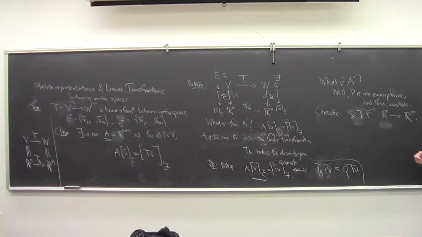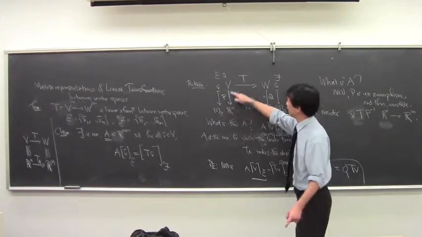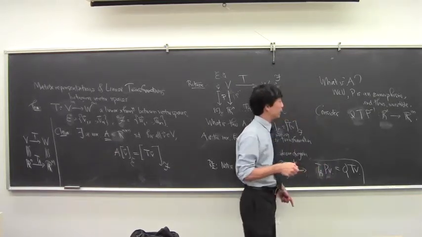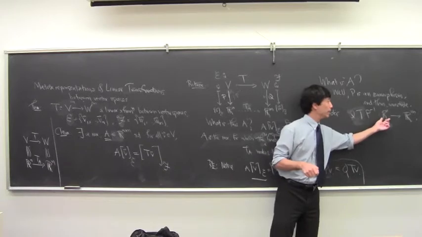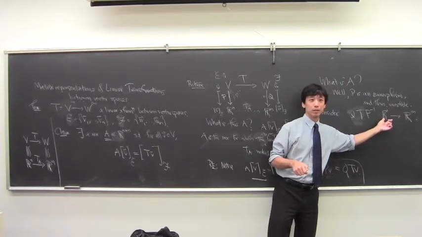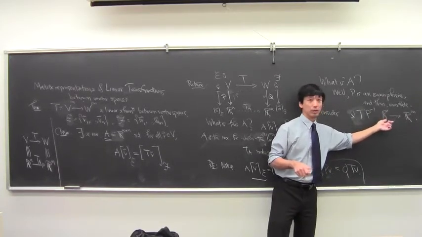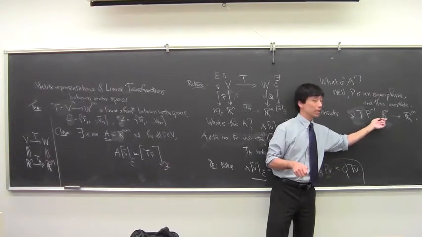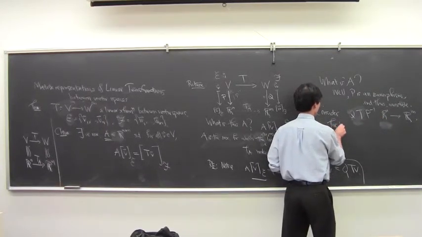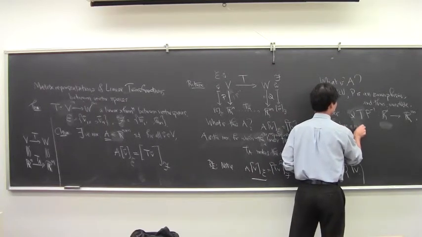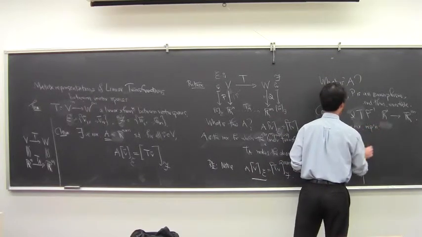Okay. So let's think about this thing. Let's look at this thing. This thing goes from here all the way over. This thing is a map from Rn to Rm, right? Well, being a map from Rn to Rm, it has a matrix representation.